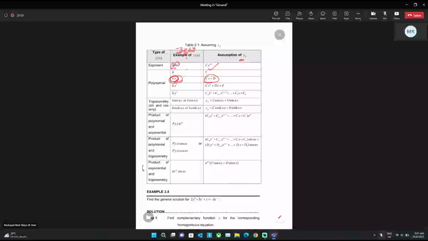For a polynomial, you have k, but for an exponential it cannot be represented with any variable, meaning it does not tally with kx.